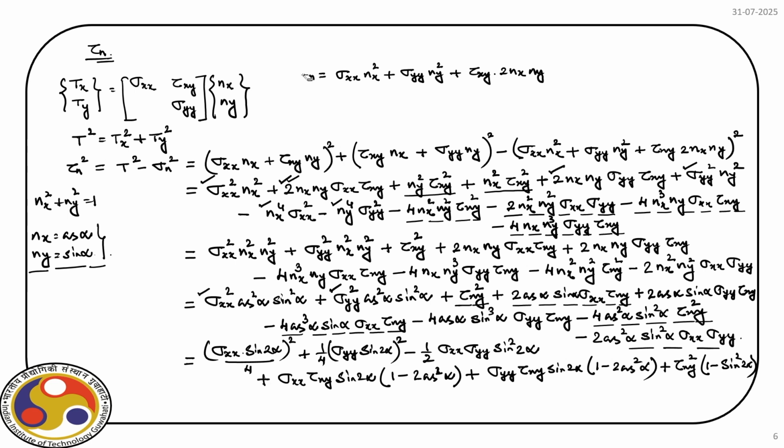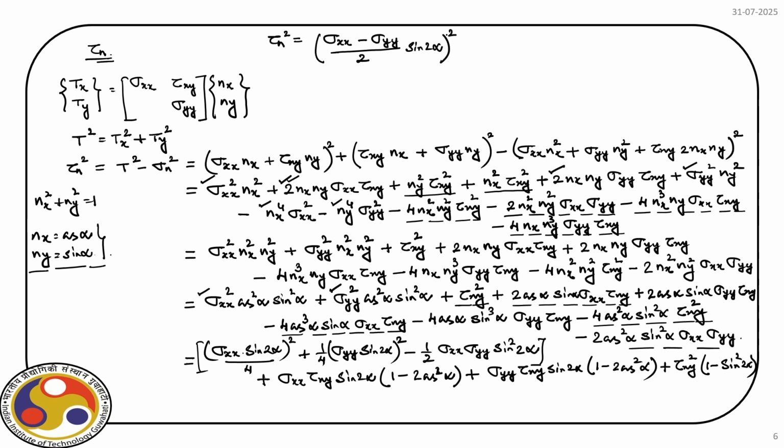So, let me write here. So, tau n square, what we get, you can see if we consider these three terms, then we can write it in a compact form sigma xx minus sigma yy by 2 times sine 2 alpha whole square, right.